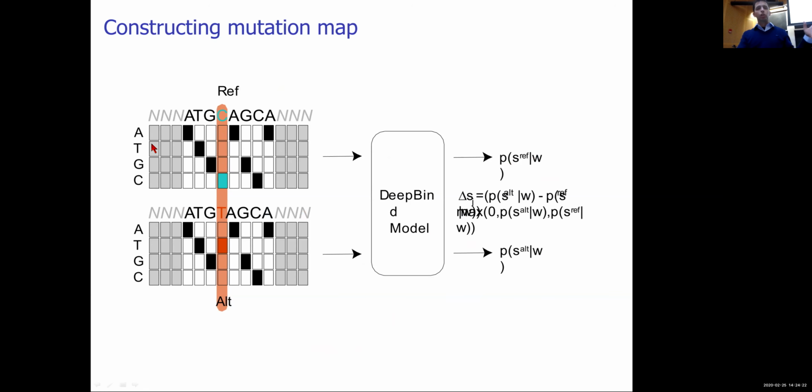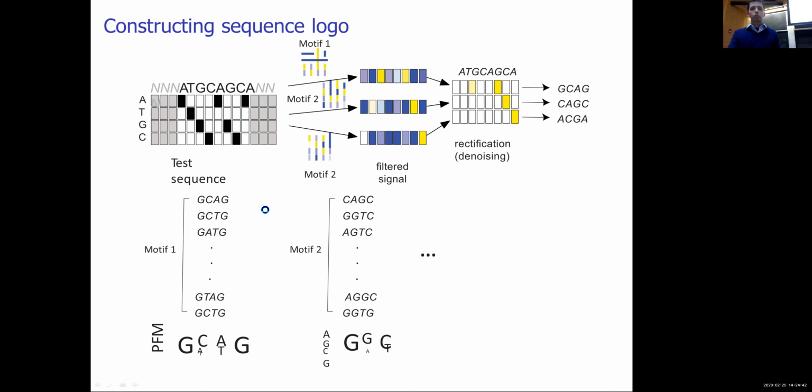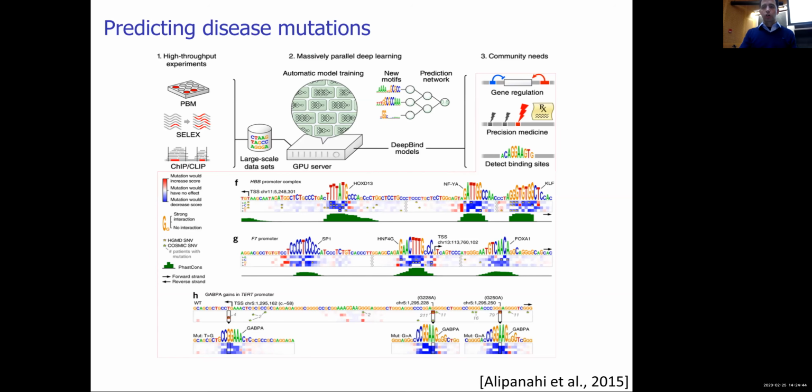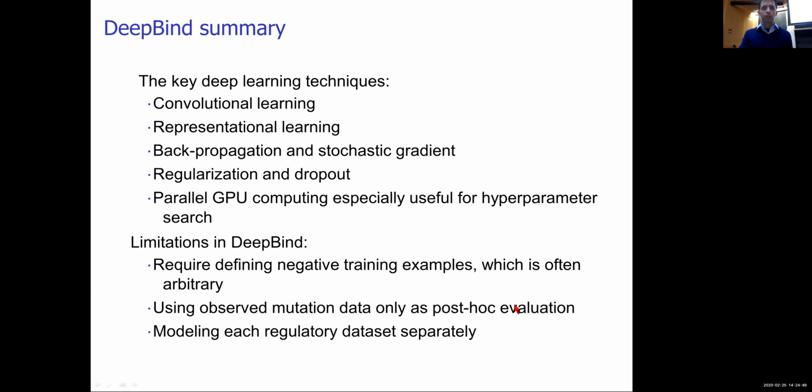So you can use this convolutional network that you've learned to scan both the reference sequence and your alternate sequence, which might be disease associated, to say, did I predict a change in the specificity, or a change in the affinity, or a change in the accessibility, or a change in the binding, and so on and so forth? Raise your hands if you're with me. Okay. So that's the first such publication, Alipanahi et al. in 2015 from Brendan Frey's group.